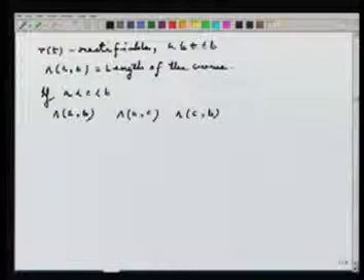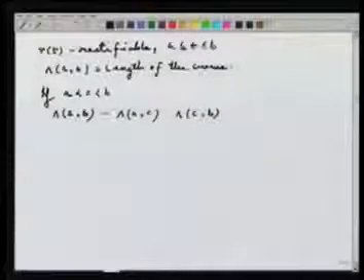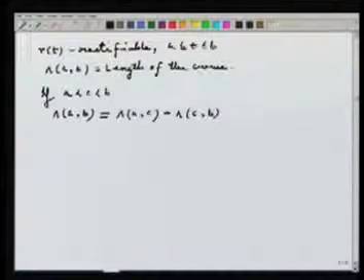When the parameter ranges from a to b, the length of the curve is lambda_ab. When it ranges from a to c, the length is lambda_ac. And when it varies from c to b, the length is lambda_cb. Well, the relation is that lambda_ab is equal to lambda_ac plus lambda_cb.